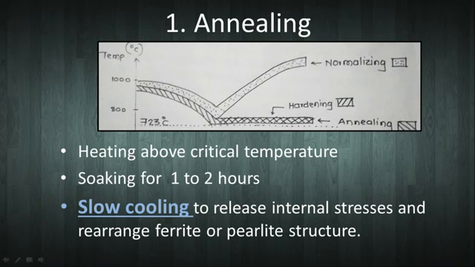Then it is allowed to soak at that temperature for around 1 to 2 hours, and then it is cooled very slowly at about 100 degrees Celsius per hour so that the material rearranges its grain structure and releases residual stresses while cooling. In steels, at the end of cooling, we will get ferrite or perlite.